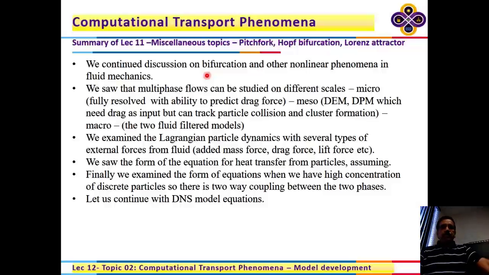And we saw also that multiphase flows can be studied on different scales. On the scale of a dispersed phase, whether it's a bubble or a particle, fully resolving it would be DNS, and I'm going to show you the equations that will be used in the DNS. Then you can solve it at a mesoscale, where you still track the particle but you don't track the velocity field around the particle; instead you impose a force.